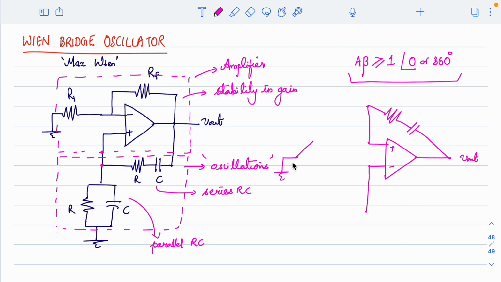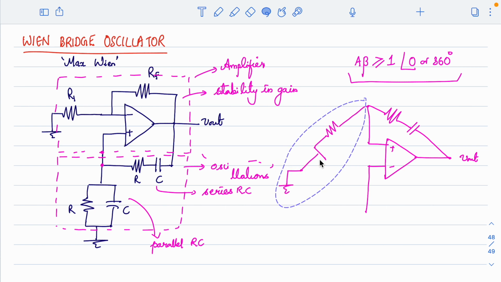So from here we have a series resistance, and we also have a parallel RC here.